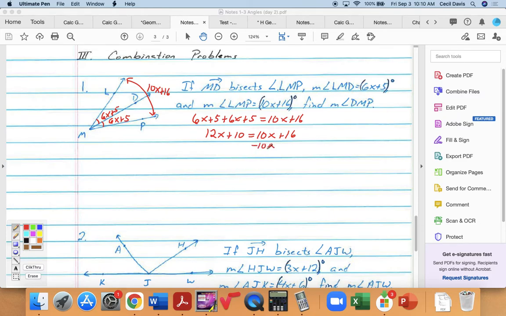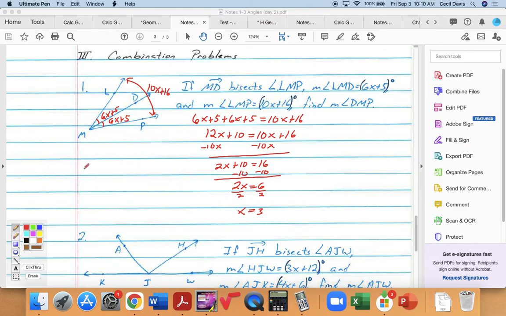Subtract 10x from both sides. I've got 2x plus 10 is equal to 16. Subtract the 10. So I have 2x is 6. Divide by 2. And I get that x is 3.